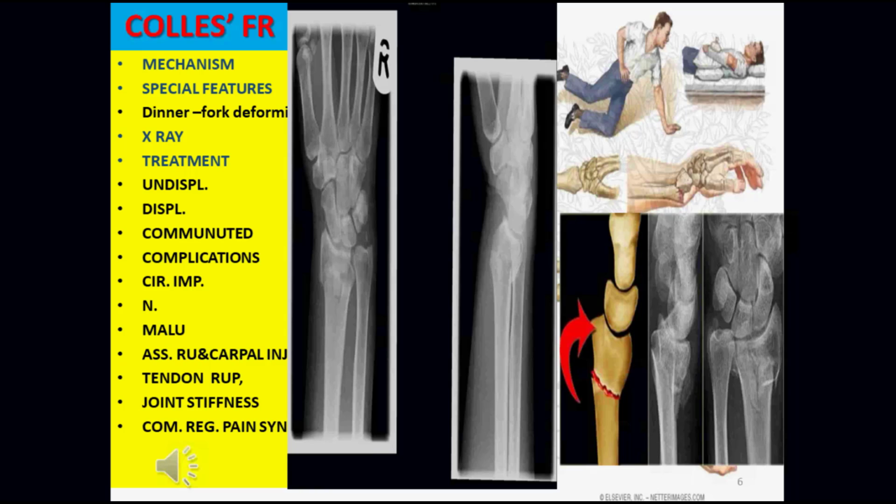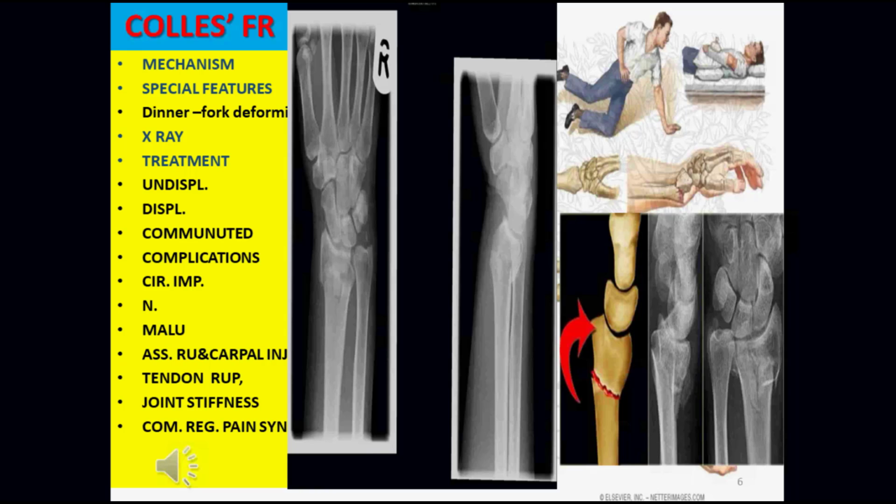Displaced fracture. In displaced fracture, we have to reduce the fracture first, and this is done by either general anesthesia or local anesthesia by hematoma block, and then by doing the reduction by gripping the hand, and traction is applied in the length of the bone to disimpact the fragments.